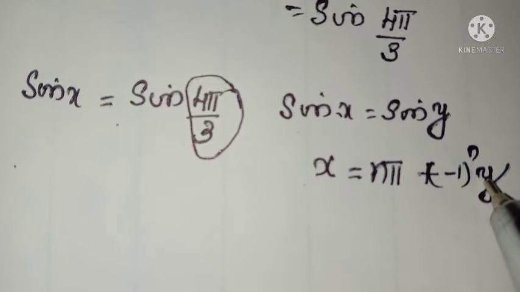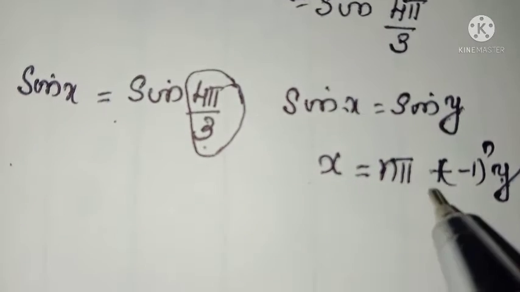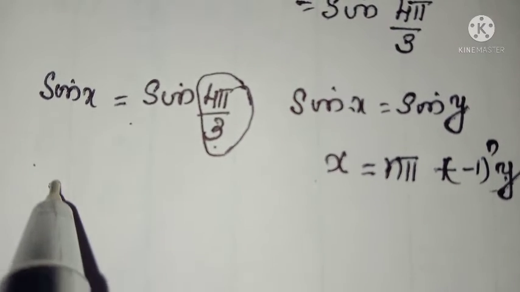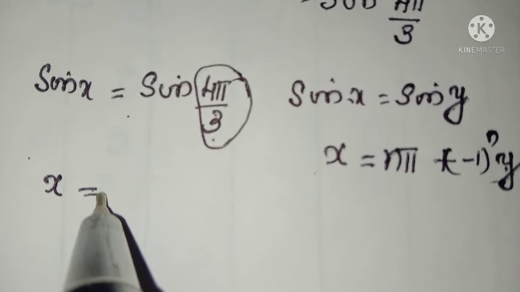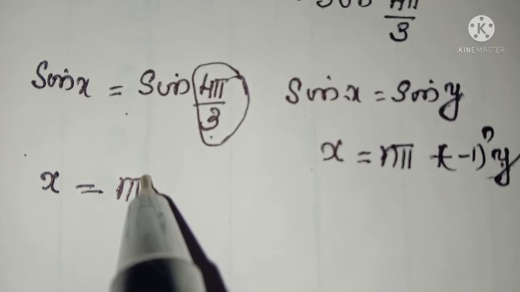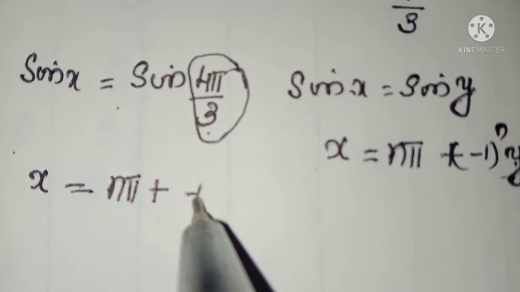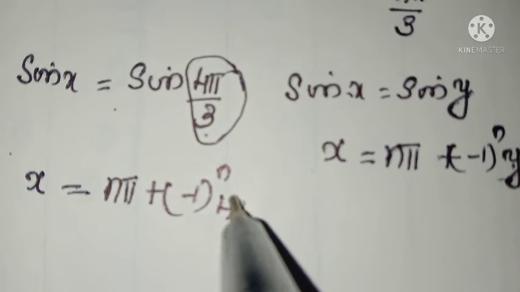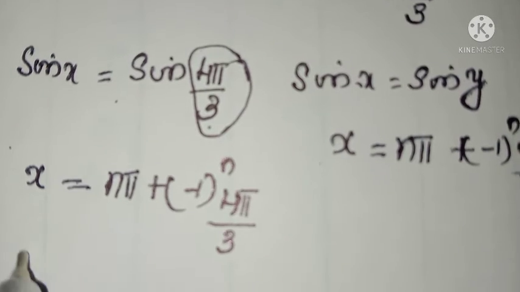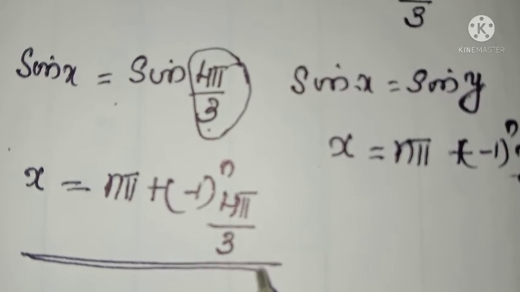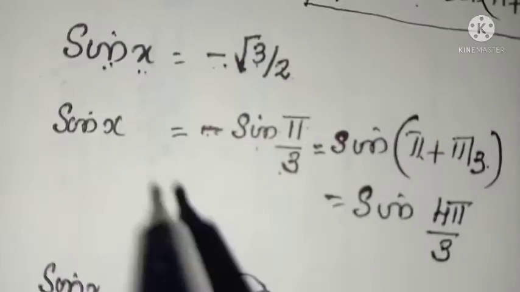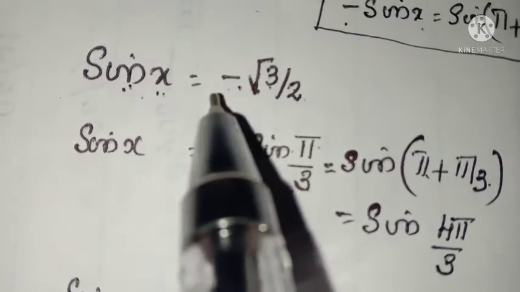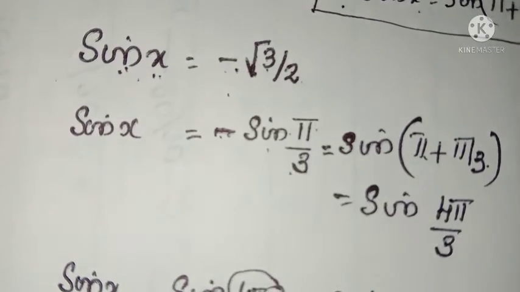So replace y with 4 pi by 3 in this general solution: x equal to n pi plus minus 1 raised to n into 4 pi by 3. This is the general solution of the equation sin x equal to negative root 3 by 2.